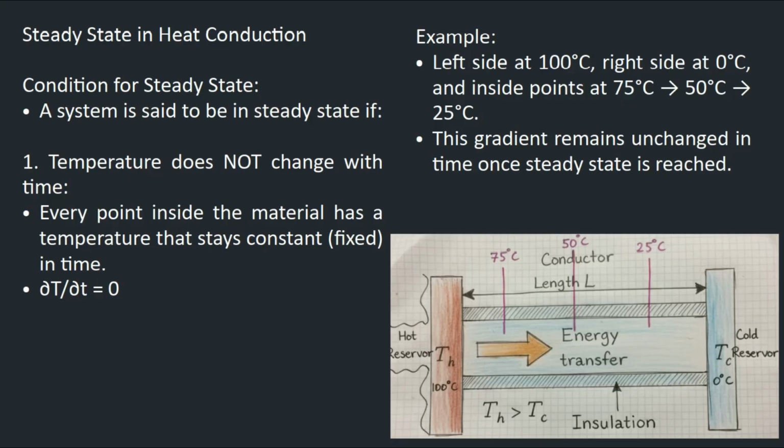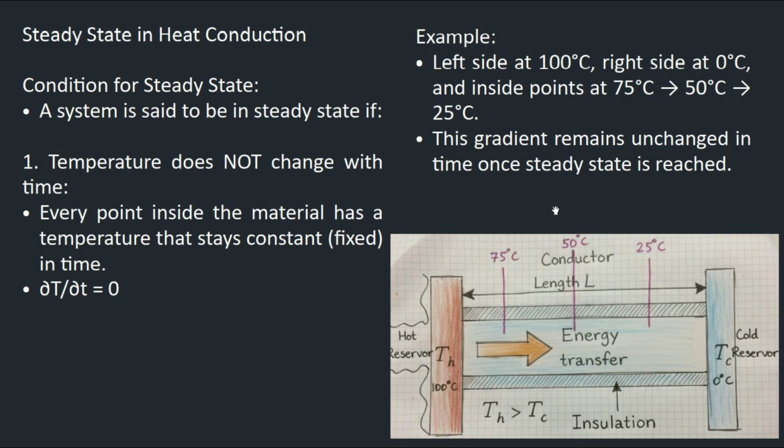Basically, after a certain point of time, given the source and the sink remain at the same temperature, the heat reservoir and cold reservoir remain at the same temperature, if I keep a rod, this is natural for it to occur, provided it's insulated, so that there's no loss of energy in the form of heat through radiation and all of that through the rod.